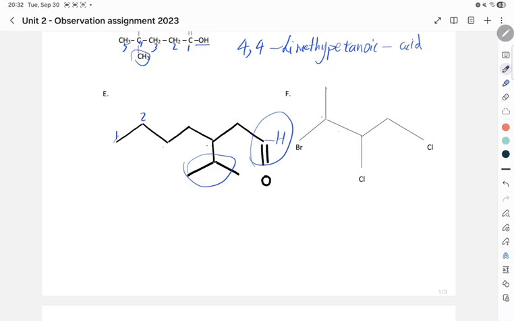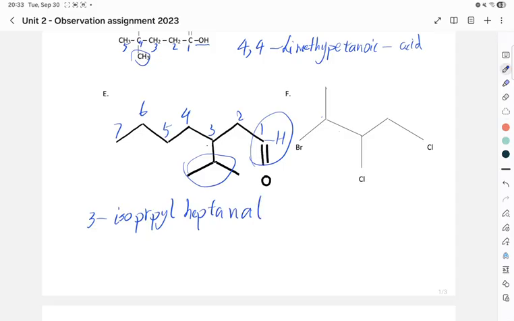We need to start from here and number it 1, 2, 3, 4, 5, 6, 7. And the branch is on the third carbon. You notice it's this, which means it's 3-isopropyl. And the parent chain is heptane. Replace the E with AL.